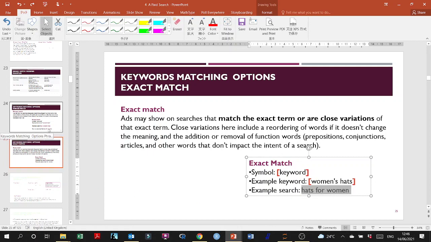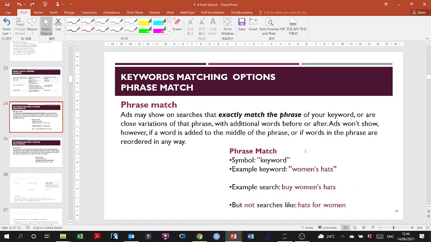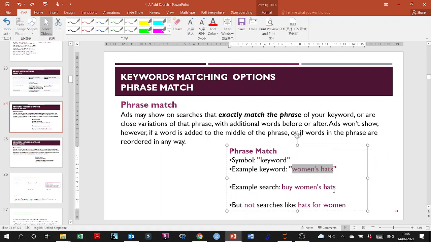So this is a phrase match. Phrase match over here will be exactly the same, women's hats, and any words before and after is fine, but searches like hats for women will not trigger women's hats. So be careful with the phrase match. Phrase match can be tricky.